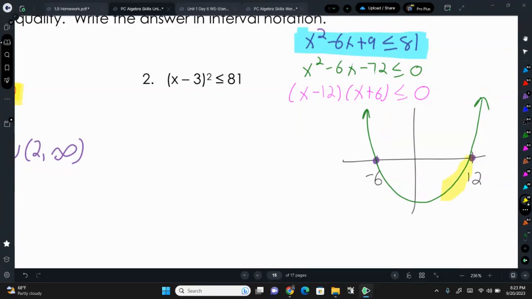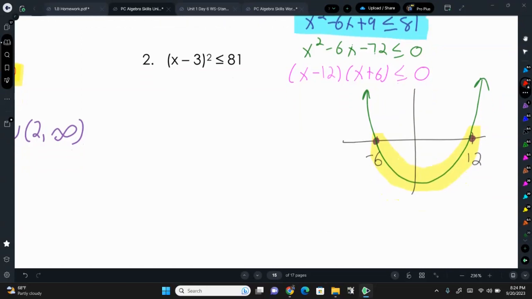So we want this part right here, below the x-axis. And because it's less than or equal to, we're going to use brackets. So our solution is from -6 to +12. That is when this quadratic has y values that are less than 0.